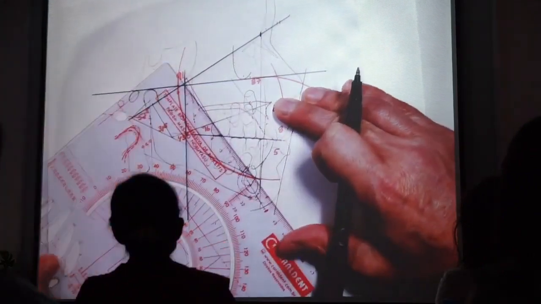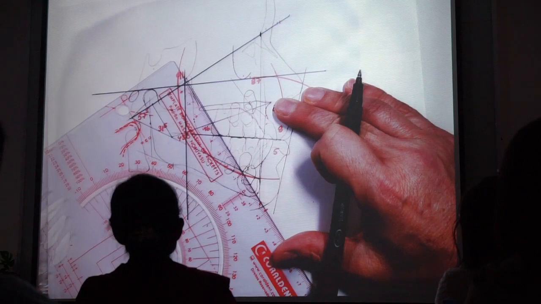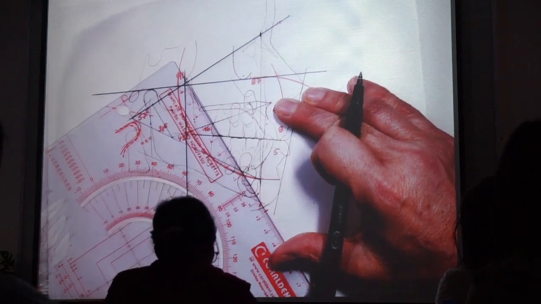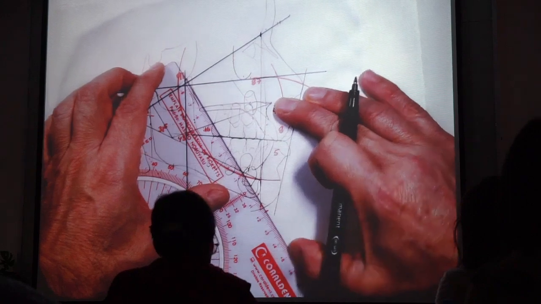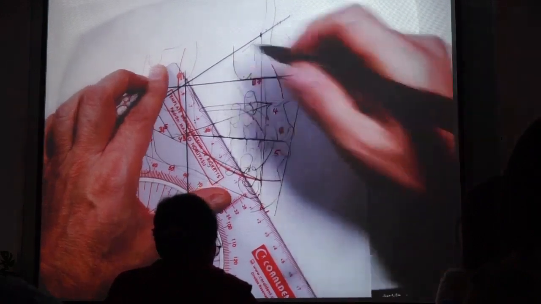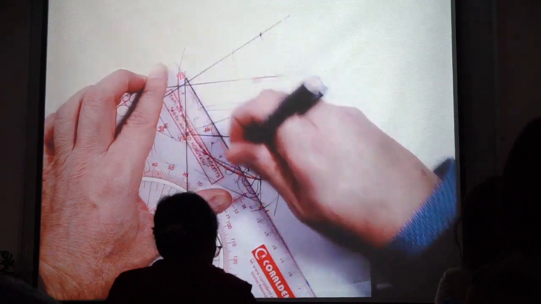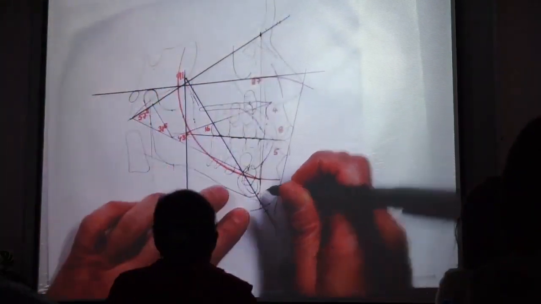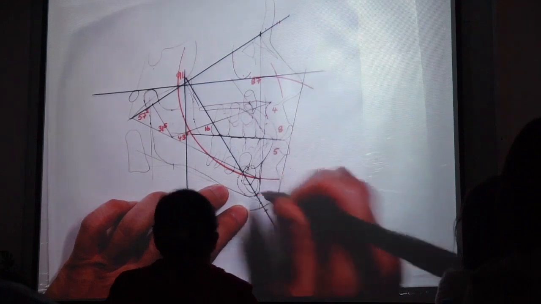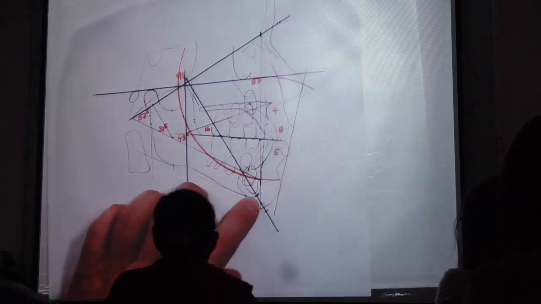Sau đó tôi vẽ lại cái facial axis, cái trục mặt. Vẽ lại cái trục mặt. And I place a mark where facial axis is. Của cái cho thấy là facial axis là ở đâu. Here. Facial axis, and this is menton.